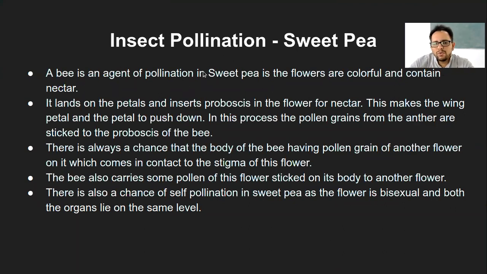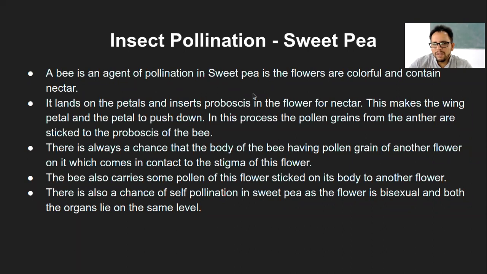These sweet peas and garden peas are slightly different varieties of peas. I guess the sweet pea is a little sweeter and the other one is not so sweet. And the other one also has a different coloration and so on, but those differences we can leave aside.